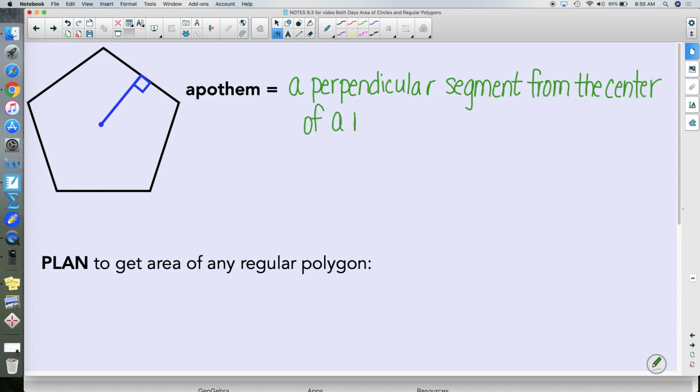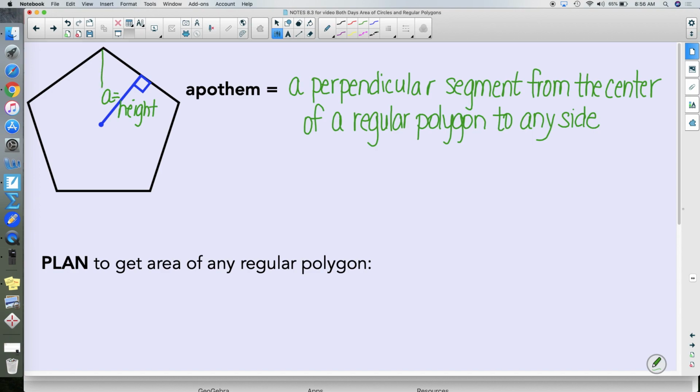And they only exist on regular polygons. And by measuring that length, the apothem would serve as the height for each of our triangles.